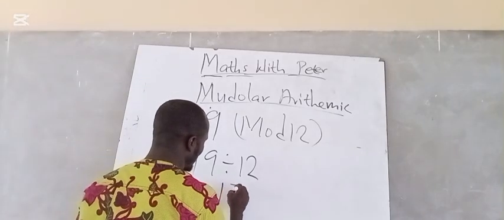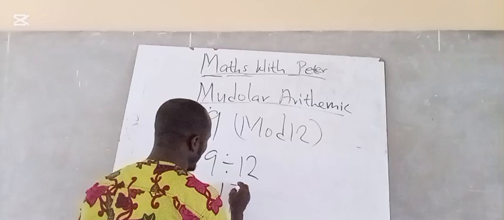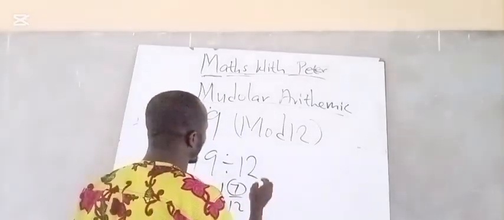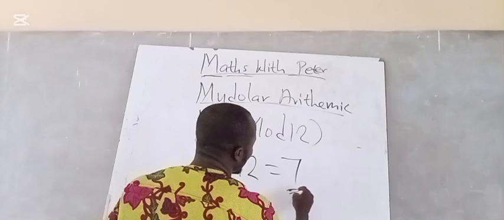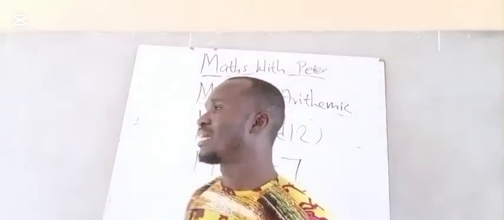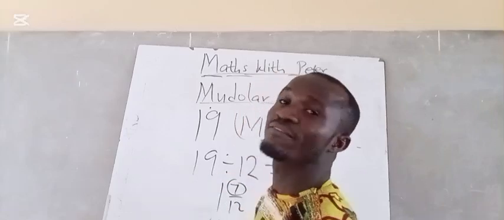So it will be a single number under 12. The remainder is 7. So 19 in mod 12 is equal to 7. That's why when it's 19 on our clock, on our watch, it signifies 7 o'clock.